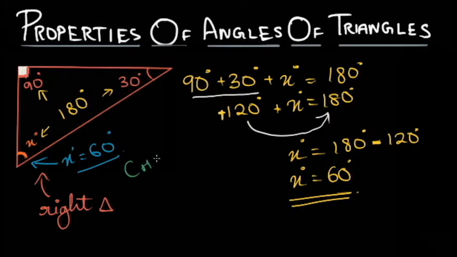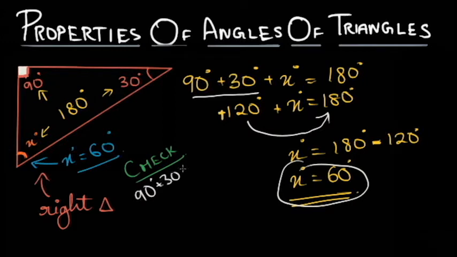Now, to check this, we will use LHS is equal to RHS. So we will use X is equal to 60 degrees here. In this question, 90 plus 30 plus 60 instead of X is equal to 180 degrees.